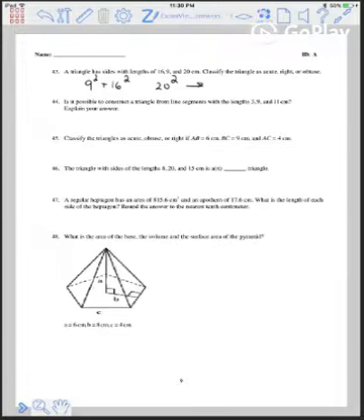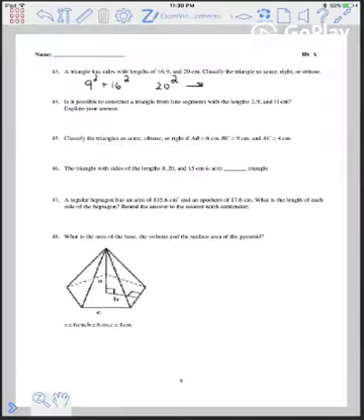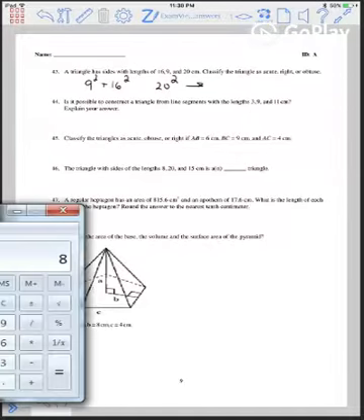See which is bigger, the a squared plus b squared side or the c squared side. So 9 squared is 81, 16 squared is 256. So 81 plus 256, 337. And 20 squared is 400.